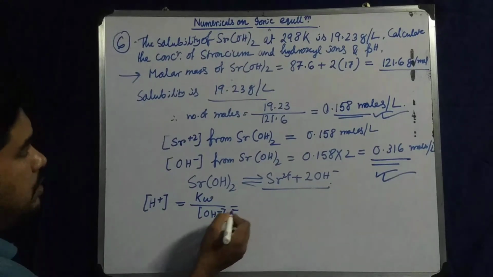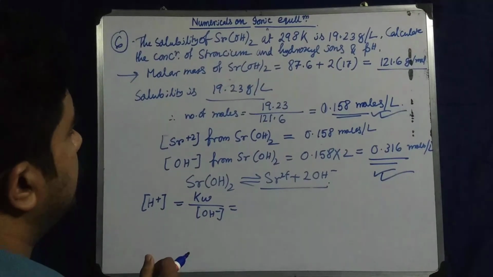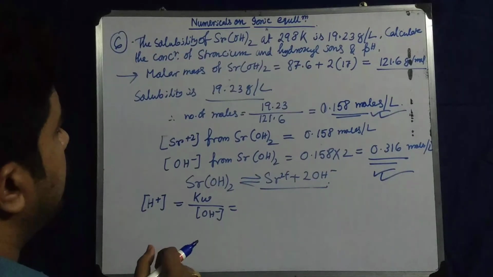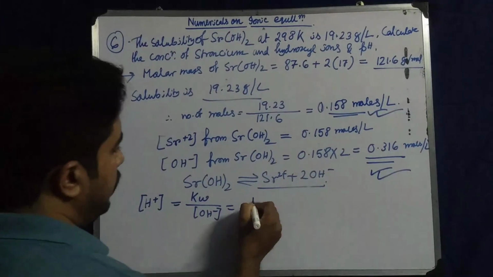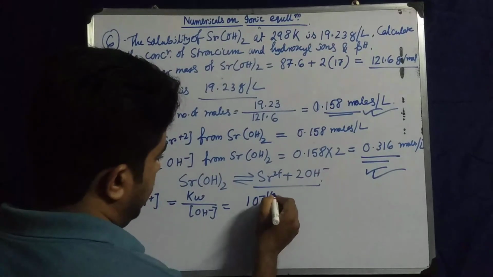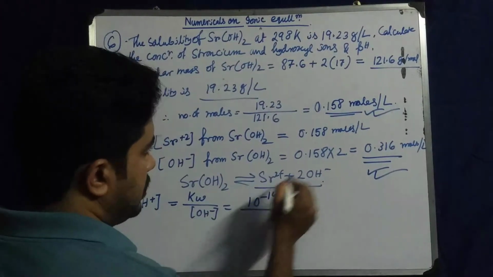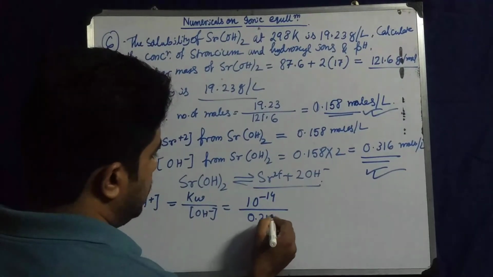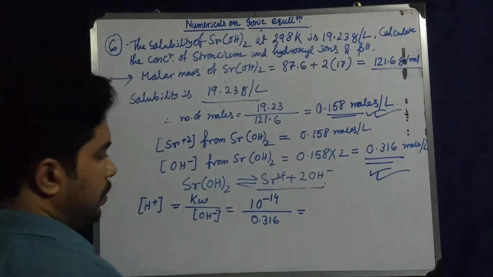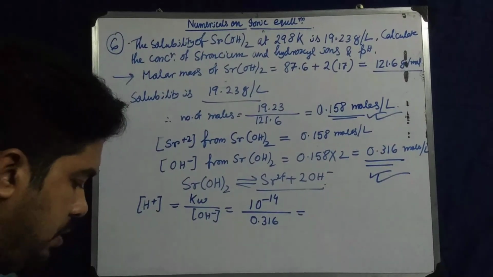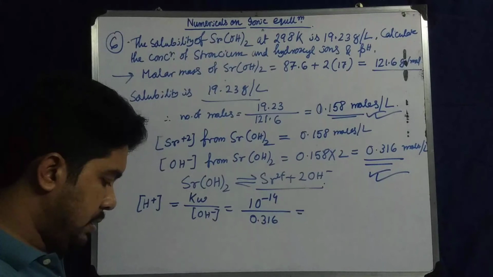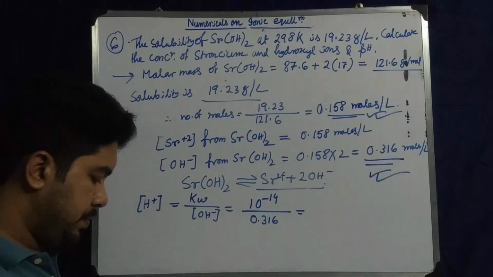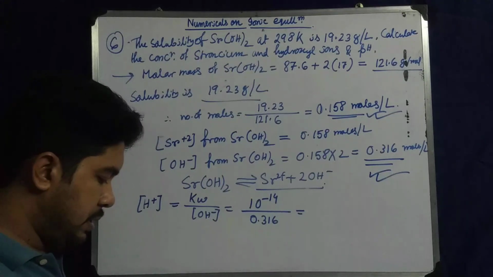You know that. Kw is given. We know that Kw is always 10 to the power minus 14, and OH minus concentration is 0.316, obviously. So what will be the answer over there? 10 to the power minus 14 divided by 0.316.